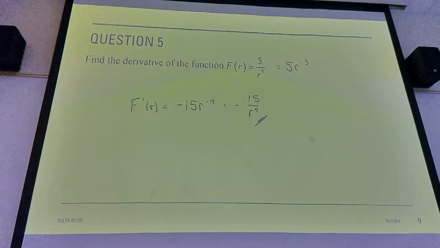And generally speaking, you don't want negative exponents. If the problem gave you negative exponents, it would have been fine to leave it. So negative 15 over r to the 4th.